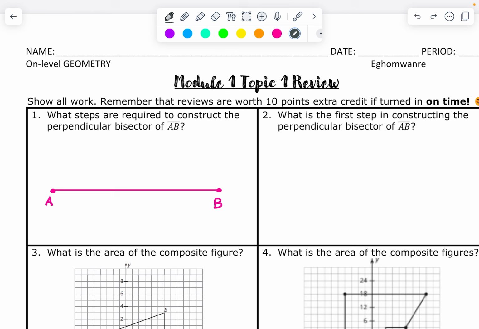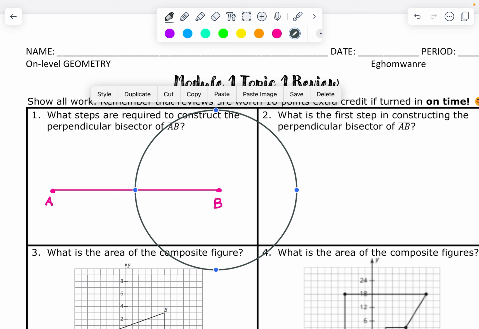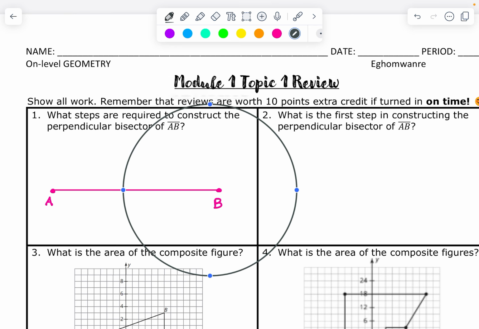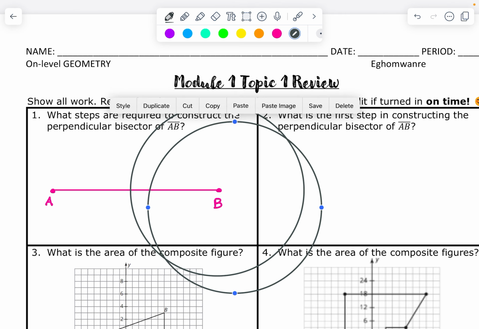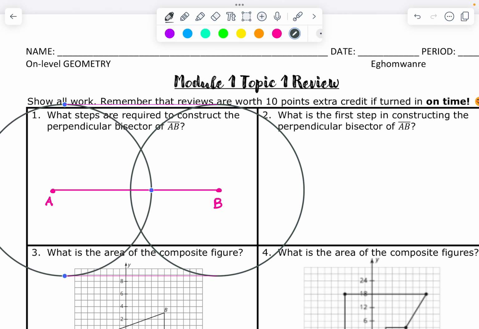Draw a circle or an arc with B as its center. You want to make sure that it's big enough that it goes past halfway. And you're going to do this from both corners.